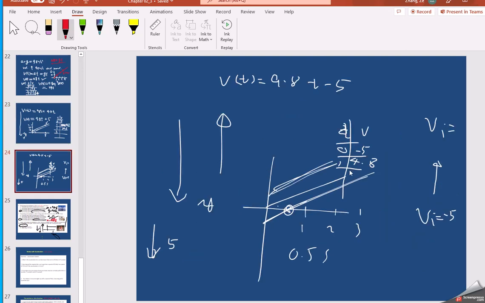Another interesting situation is where you still choose downward to be the positive direction. This time you toss the ball up, and if downward is positive, the 5 meters per second upward is -5. Then you will have this as your velocity versus time function. You start from -5, and then the gravitational acceleration is positive, so it will make it less and less negative until it reaches 0.